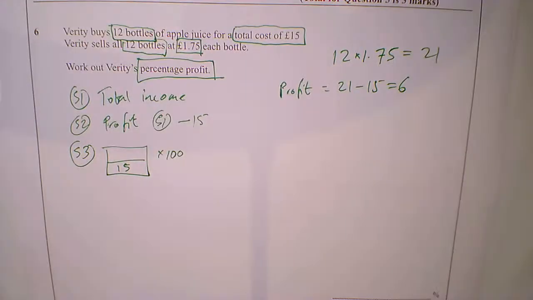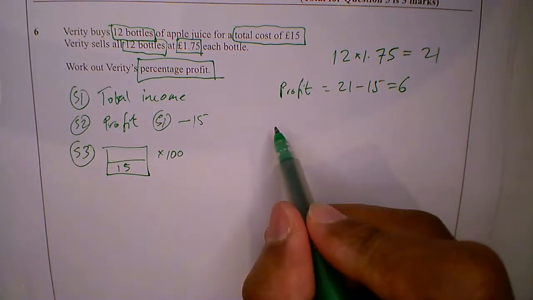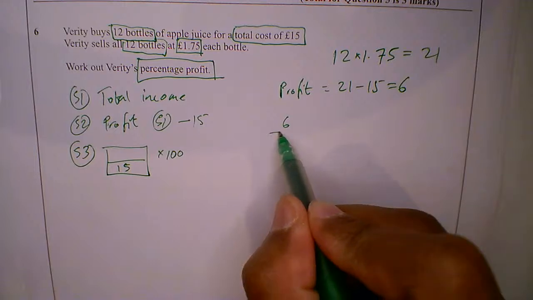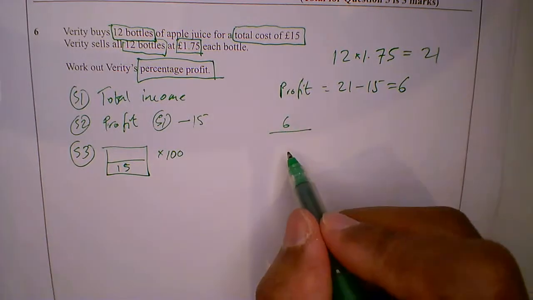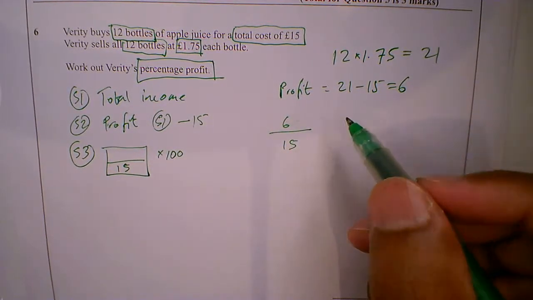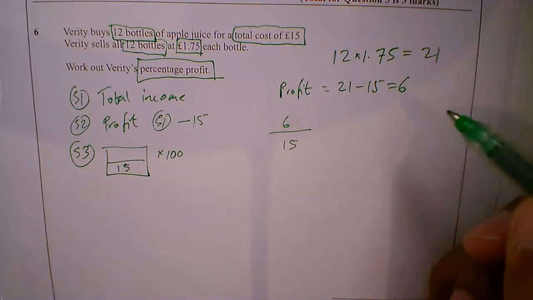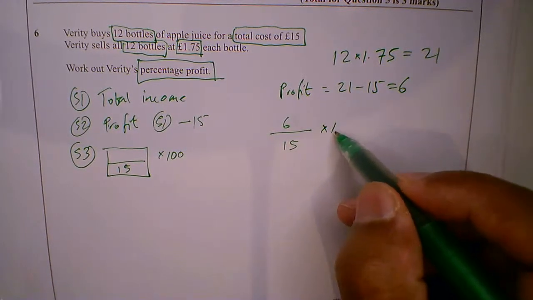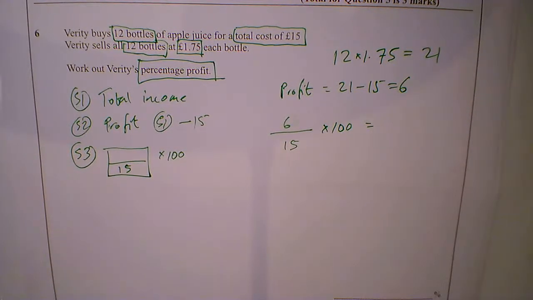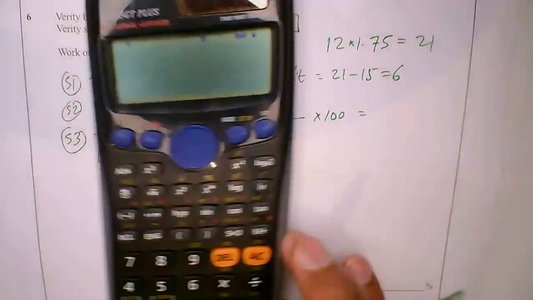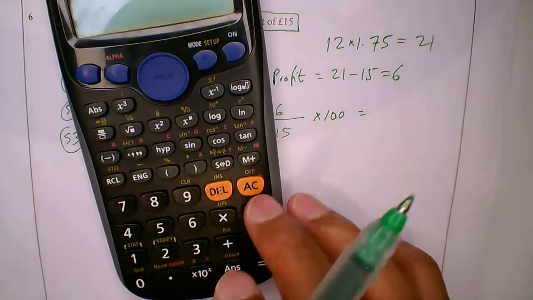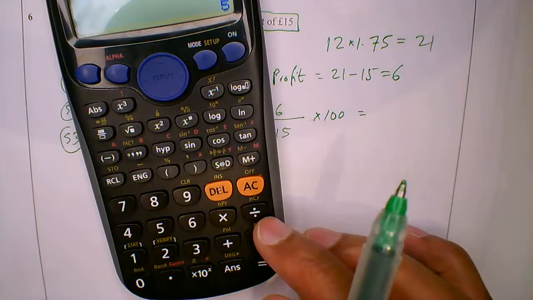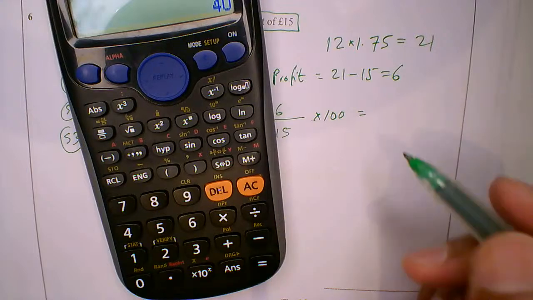So that's my step 2 done. Now I'm in my step 3, which is 6 out of my initial cost, £15. And then I multiply that by 100. 6 divided by 15 times 100 gives me 40%.